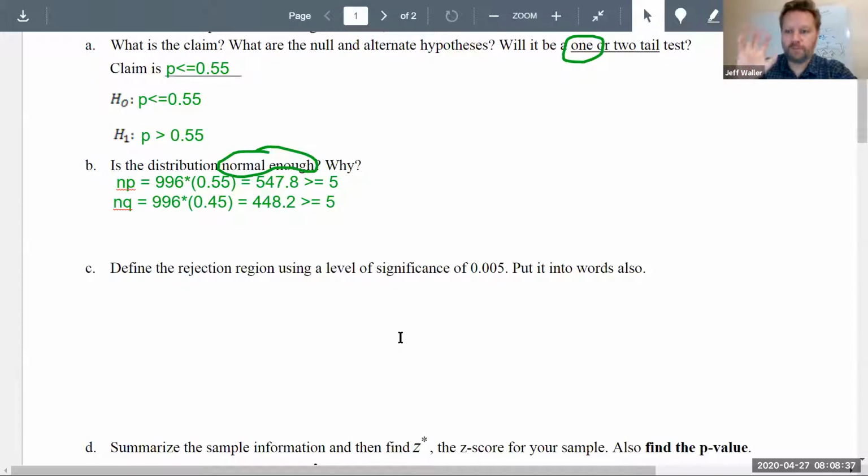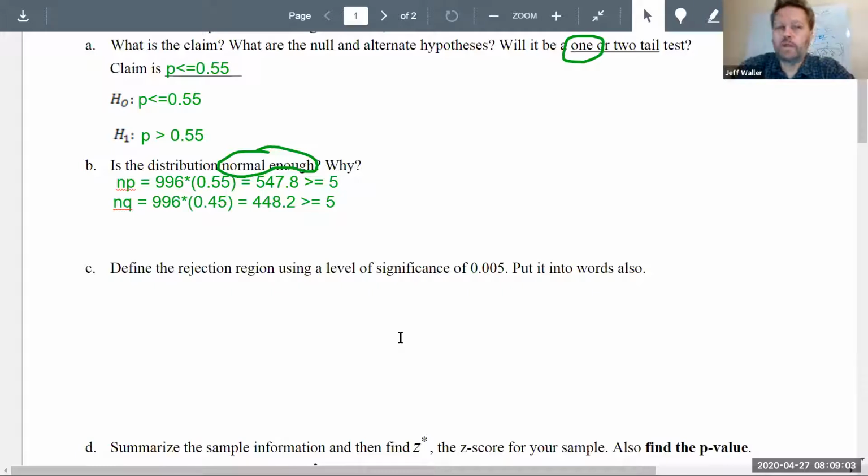What's really cool about percentages is either they're normal enough and you use z-scores, or they're not normal enough and you don't do anything. T-scores were invented for means. T-scores never come into play for percentages.